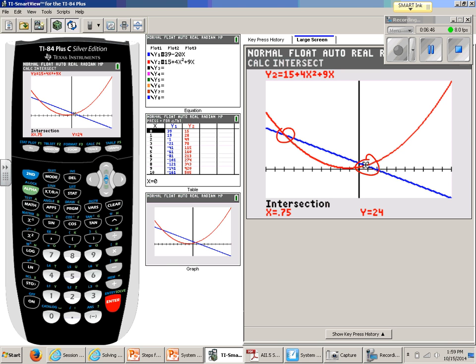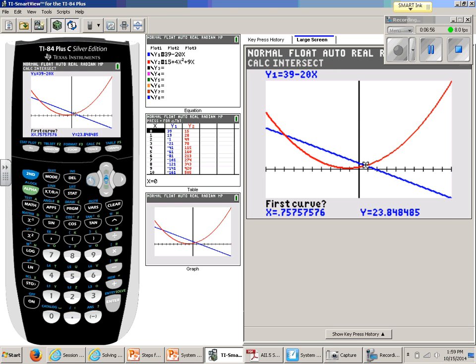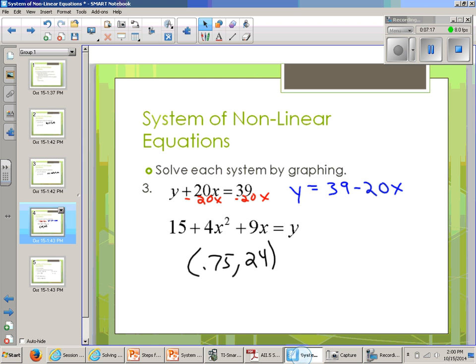So I have to move my cursor to the left, and I have to get it close to that intersection point. But before I do that, I need to do second trace, 5. Keep going left till I get close to that intersection point, and then hit enter 3 times. Intersection is -8 and 199.